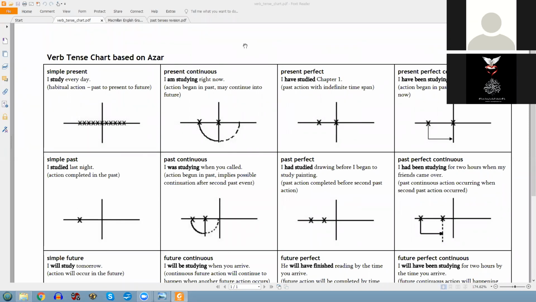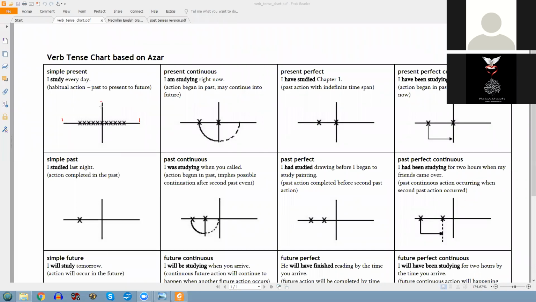So as you can see here, this is pretty straightforward. So let me get a pen. Where's my pen? So all of the tenses are based on this. It's a timeline. So this is the past, future, and where the lines intersect is right now. Okay, so past, present, and future.